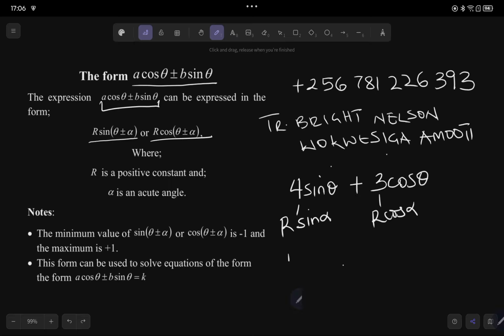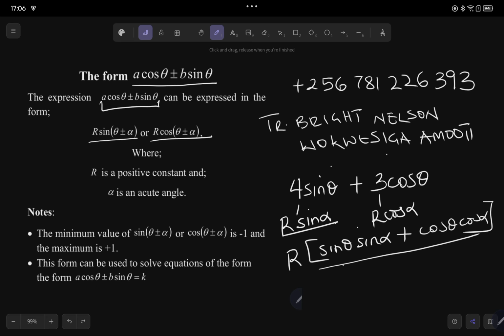So what we have is r, open brackets, now replacing 4 with this, sine theta sine alpha plus cos theta cos alpha. Now, if you recall from addition formulae, that one in the brackets is the same as r cos of theta minus alpha.